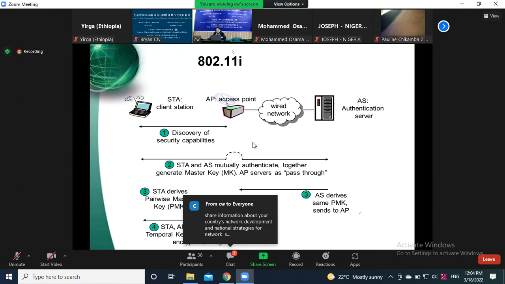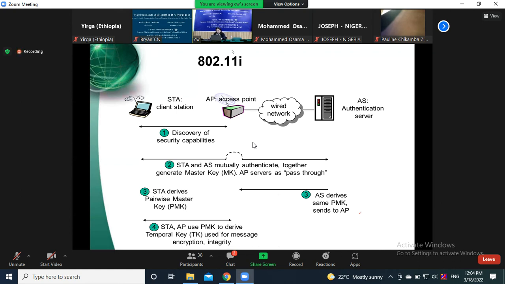First, I want to show some information about your country's networks, some development constructions, and the national strategy for network security.